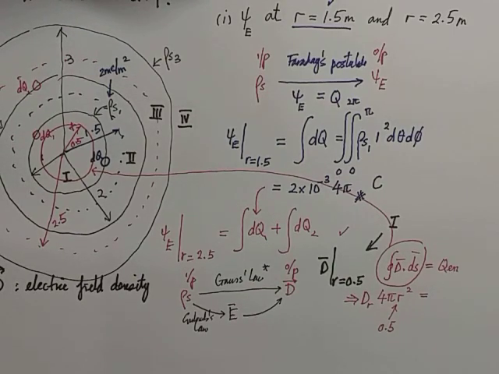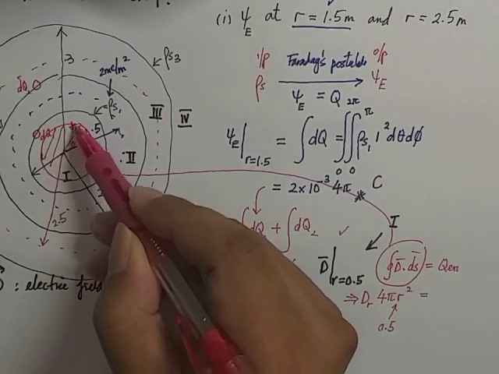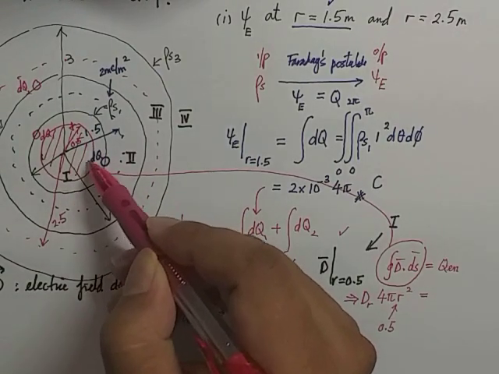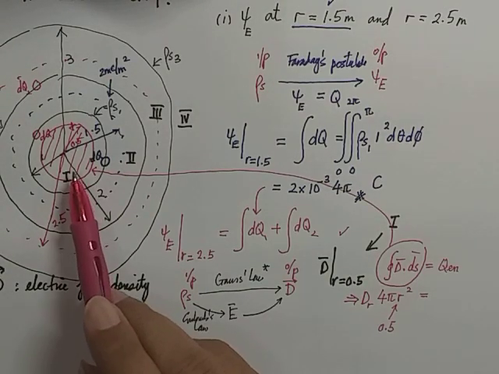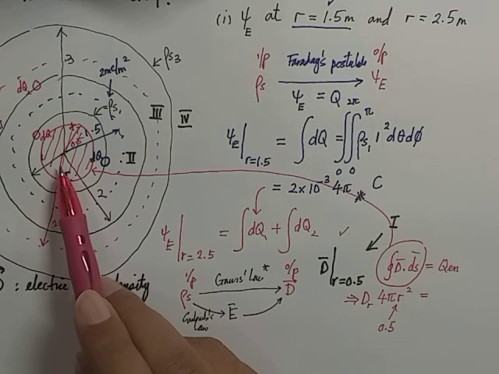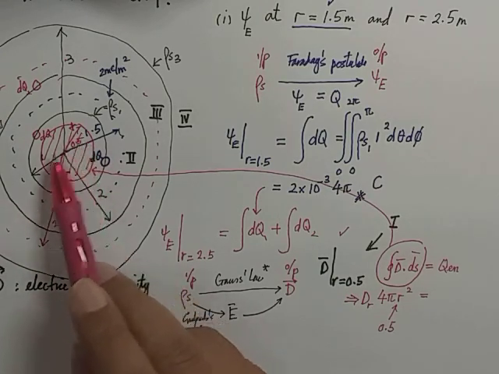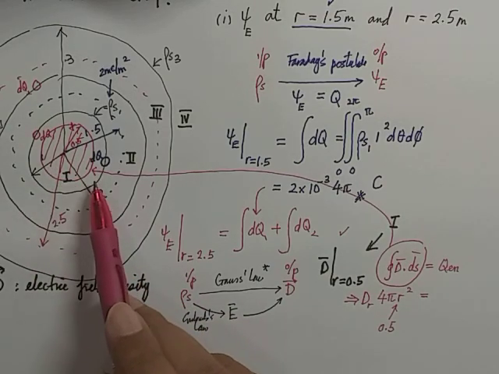What should be the enclosed charge? From the observation that we can see here, there is no charge confined by that Gaussian, because the charge that appears to be nearby is actually on the surface of r equal to 1. And 1 is actually bigger than 0.5, and there is no charge within the region less than 0.5 or less than 1.